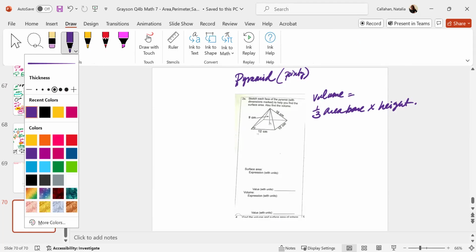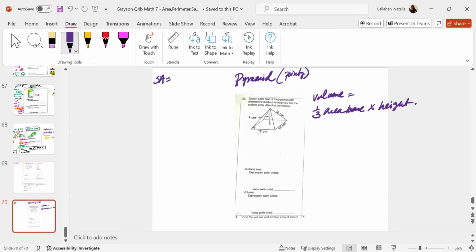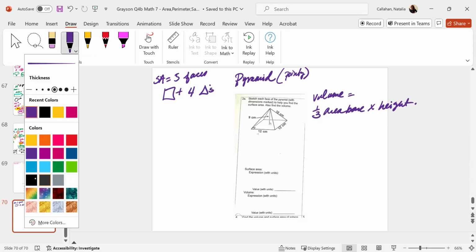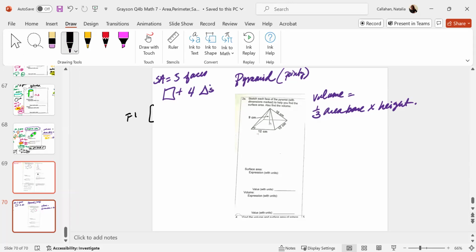Look at the surface. How many faces do you have? Okay, so I have 5 faces. What are the shapes? Yeah, you have a square plus 4 triangles, correct? Well, let's find the first face. Your first face is gonna be this square.